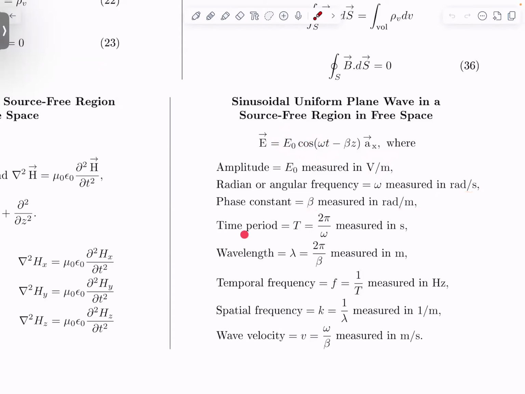We need to take the real part of e to the j omega t minus beta z. This is the only complex term there. To take the real part of a complex term, we take the cosine, remove that j, and copy the rest.